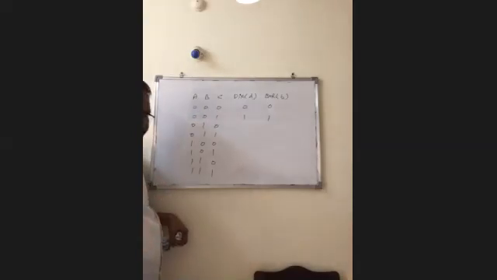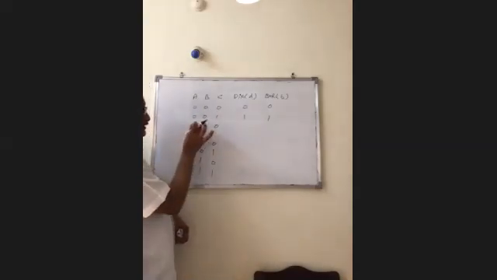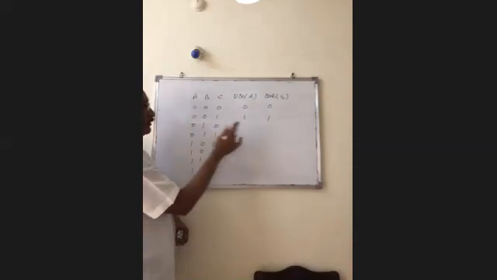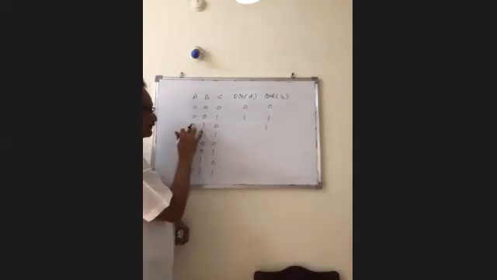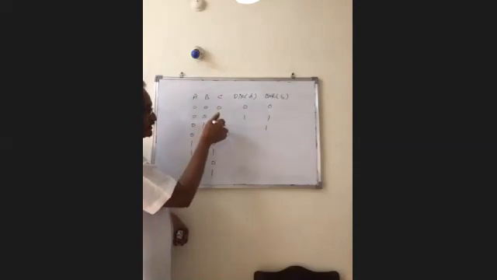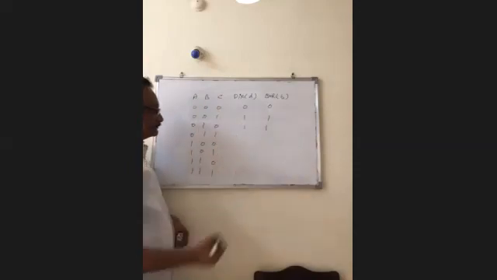Follow carefully. Next, 0 minus 1 requires one borrow, then it becomes 10, 10 minus 1, the difference value 1, and 1 minus 0 is equal to 1.